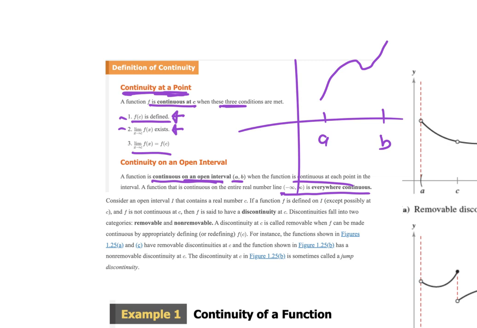Now, for most functions, there are only a few points that are not continuous, and so generally we can come up with intervals, and sometimes very large intervals, that the function is continuous over.